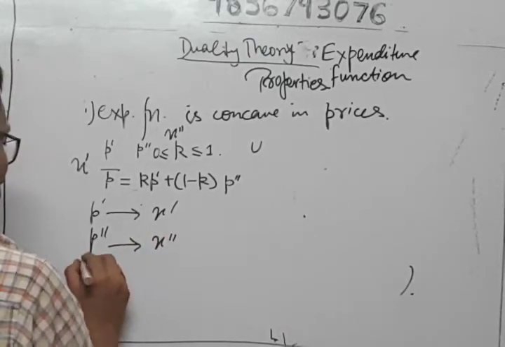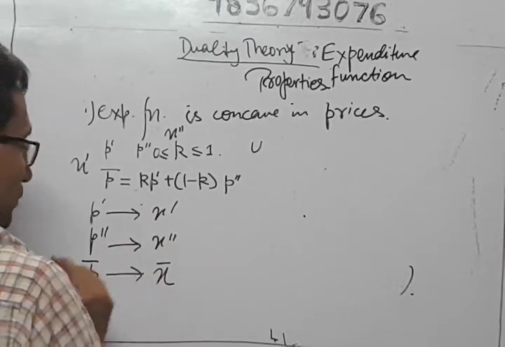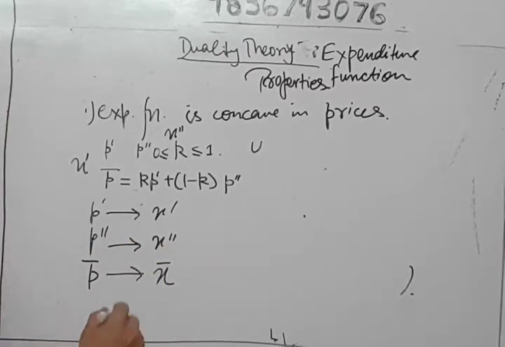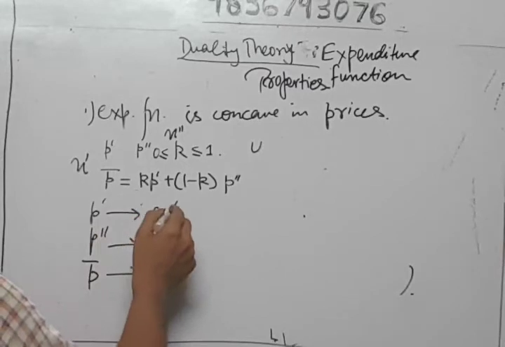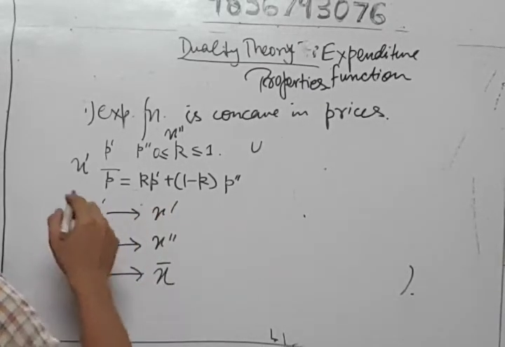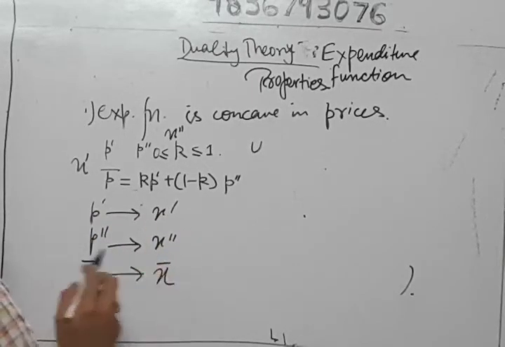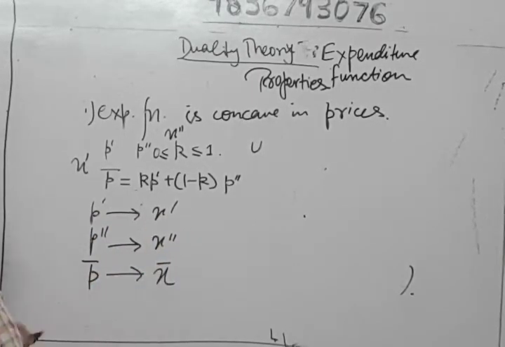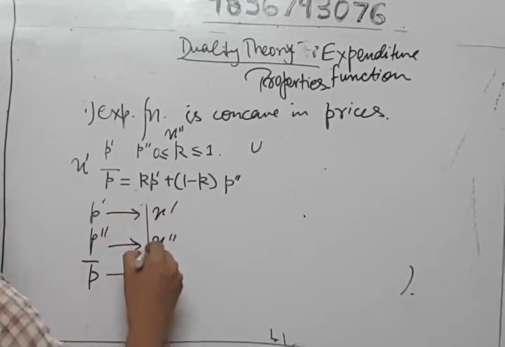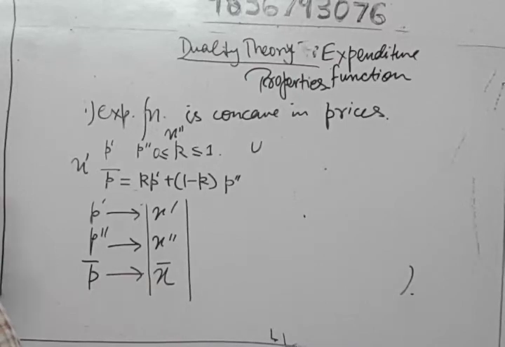Now for P bar, the cost minimizing bundle is given by X bar. Now this is a unique relationship. So for P prime it is only X prime that will be cost minimizing. For P double prime it will only be X double prime that will be cost minimizing. And for P bar, X bar is what is cost minimizing. So these three different consumption bundles will be cost minimizing corresponding to different price vectors.